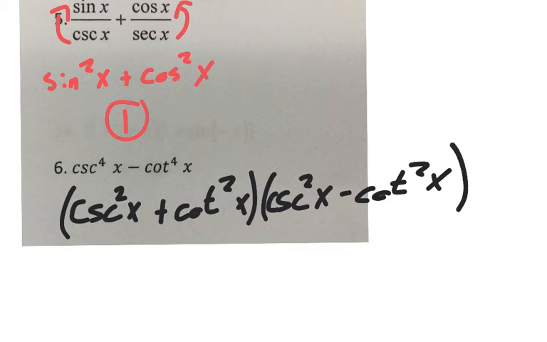Now, are these Pythagorean identities? Do I have cosecant squared plus cotangent squared? Not quite. No. Similar.